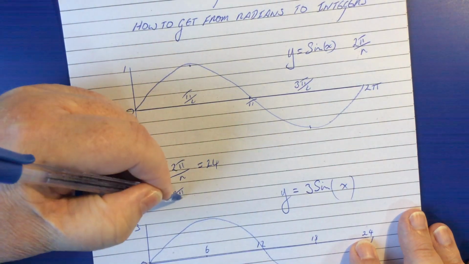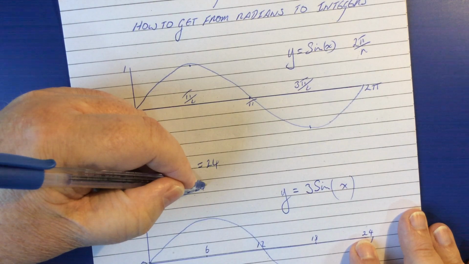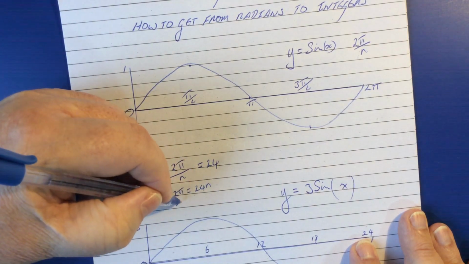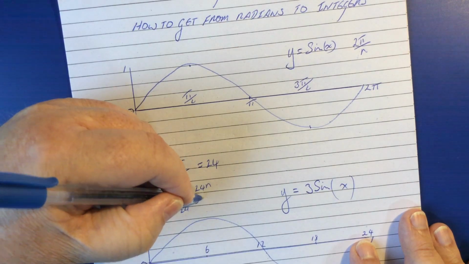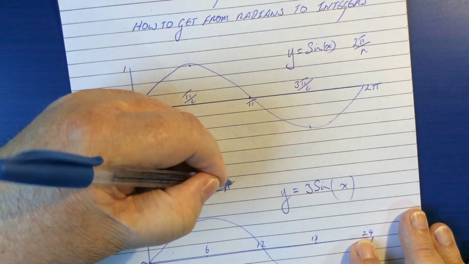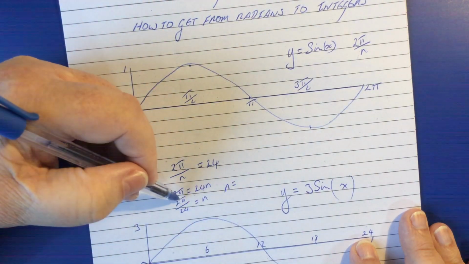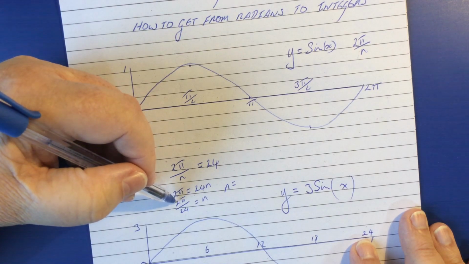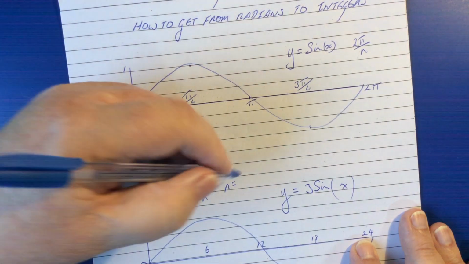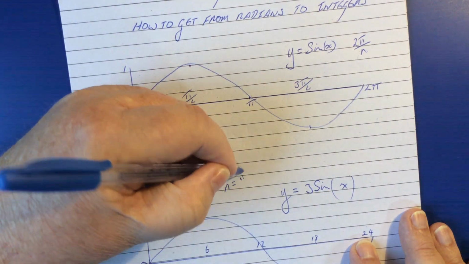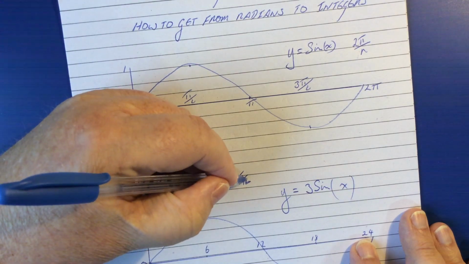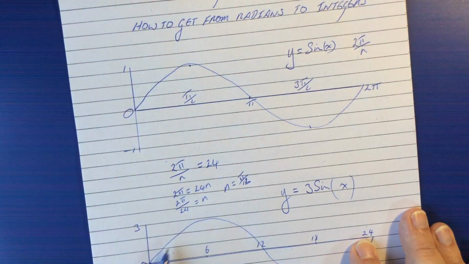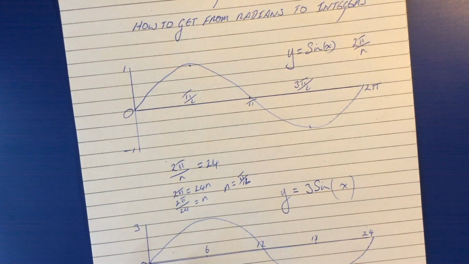So 2 pi equals 24n. 2 pi on 24 equals n. n is going to equal 1 on 12 pi. So pi on 12, if you will. I hope you can see that, pi on 12. That was a bit cramped, and I apologize for that.